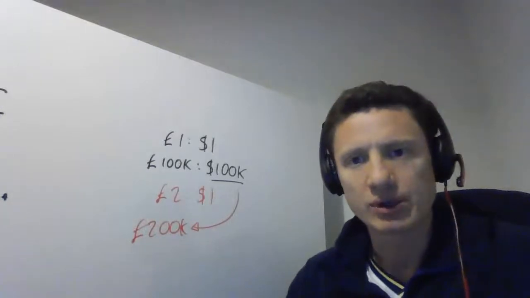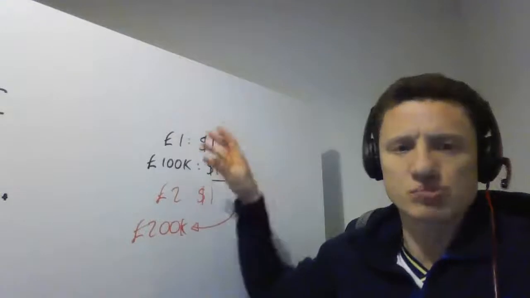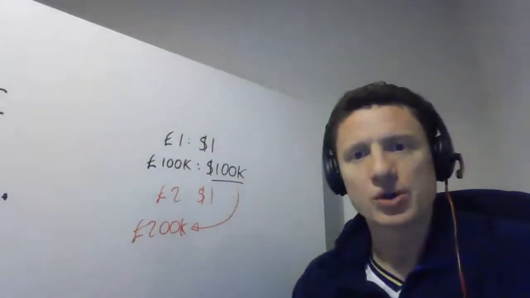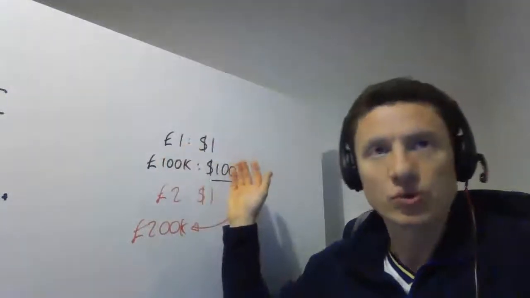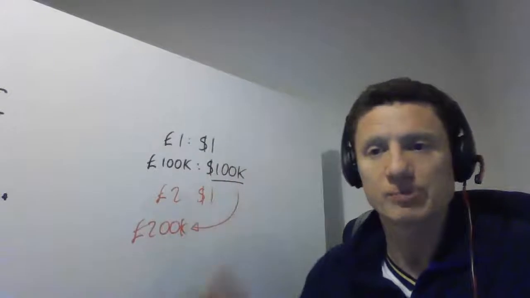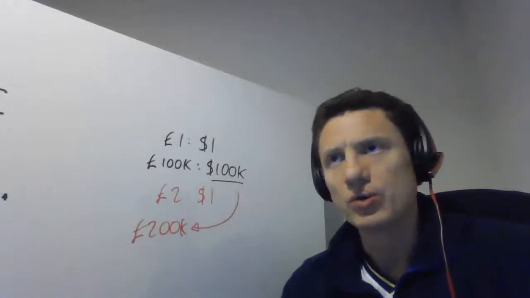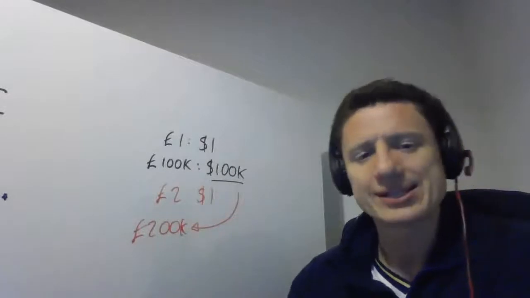What people are doing on a day-to-day, minute-to-minute basis is they're just looking for much smaller changes. Okay, so £1 to $1.24, going to £1 to $1.25 or something like that. So it's almost 0.0 whatevers. They're trading on that sort of level because they can still make money.